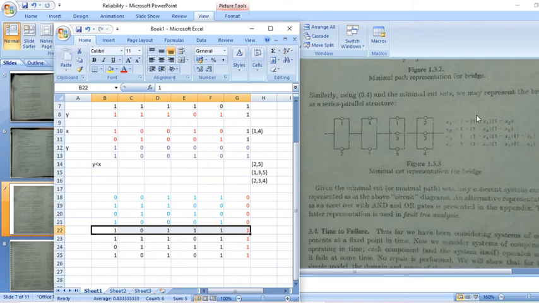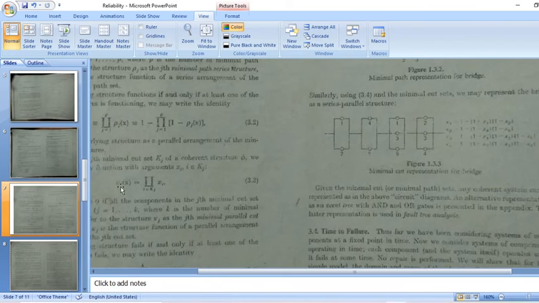Okay, so what will be the structure function? This can be denoted as kappa j of x equal to union. Since it is parallel, it will be the union over i belongs to kj of xi. So for the first case, 1 and 2 are in parallel. So what will be the structure? 1 minus x1 into 1 minus x2. In this case, 4 and 5 are in parallel.